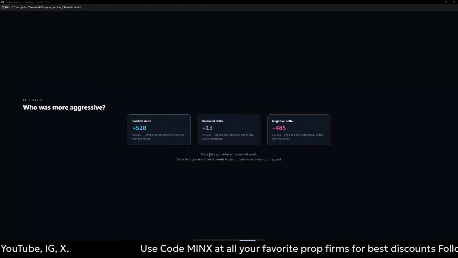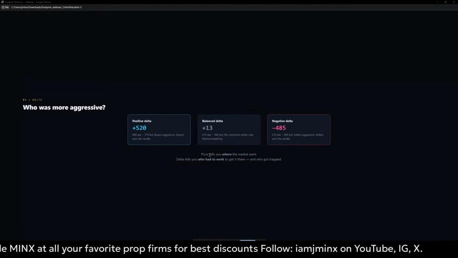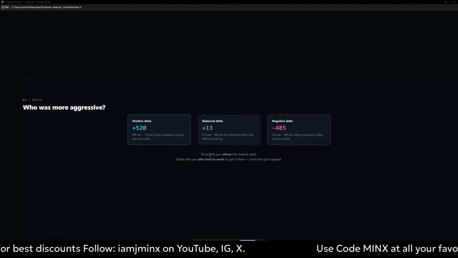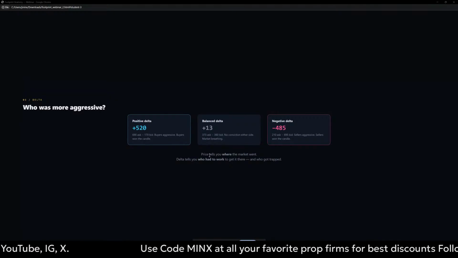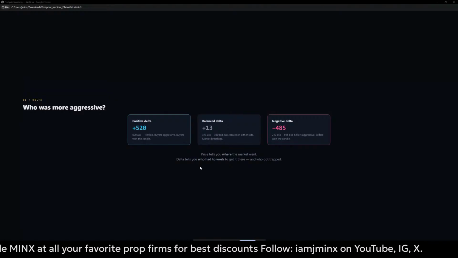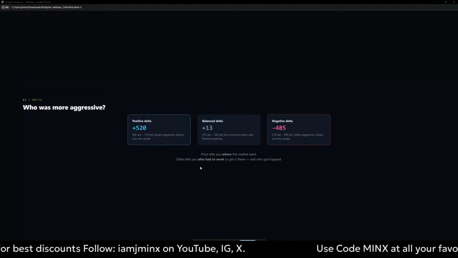Negative is the reverse. Near zero, nobody committed. That's just the market breathing, and that's usually a candle to ignore. The price tells you where the market went. Delta tells us who had to work to get it there, and who got trapped along the way.